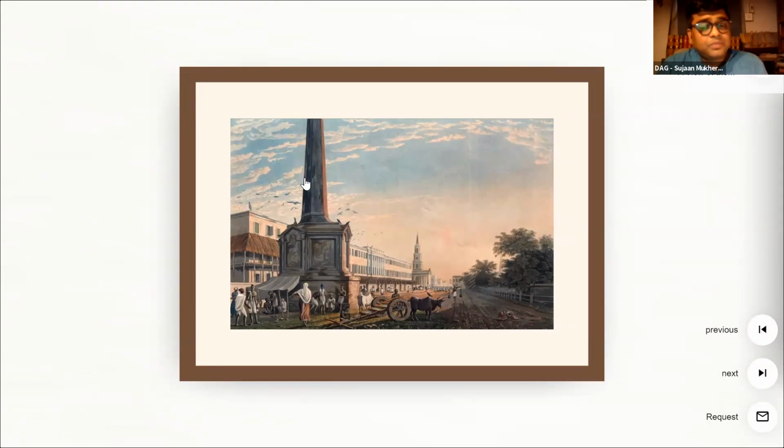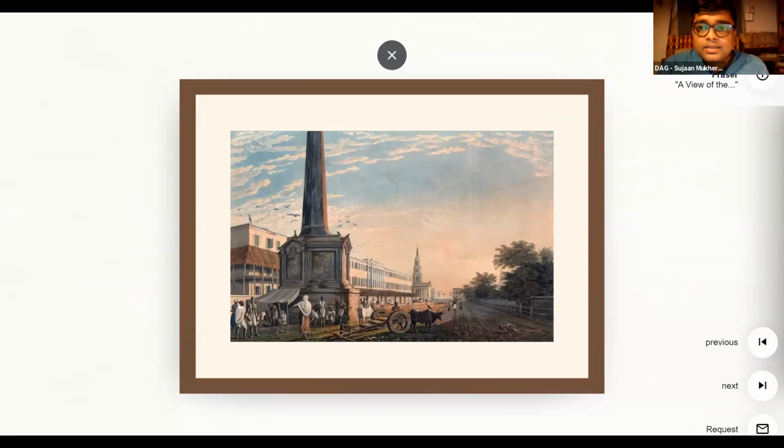And there is a legend, a myth around the infamous black hole, which was in fact a dungeon inside the Fort William, where Sirajuddaula's men are supposed to have entrapped something like 140 British soldiers, women, men, and most of them had perished.